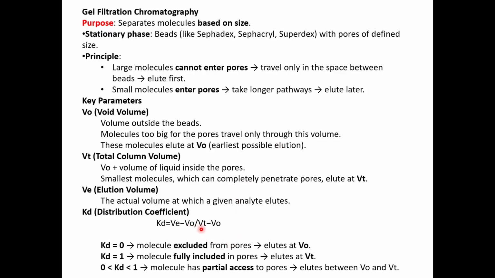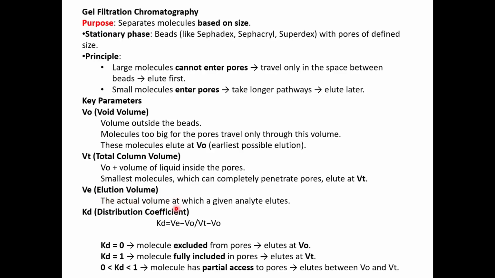Then you have something called VT. VT is your V naught plus the volume of the liquid inside the pores. So basically it is the total volume: your void volume plus the volume inside your pores gives you your total volume VT. Then we have the elution volume, VE.